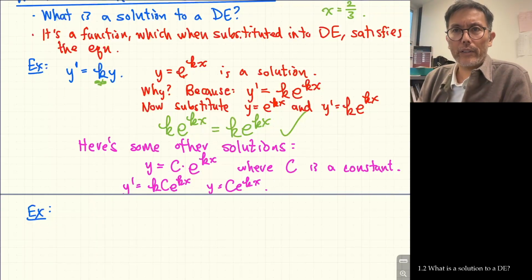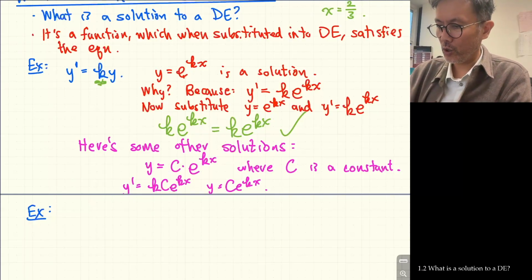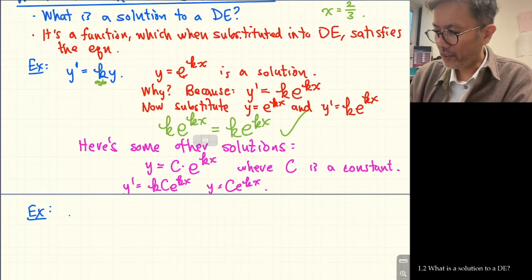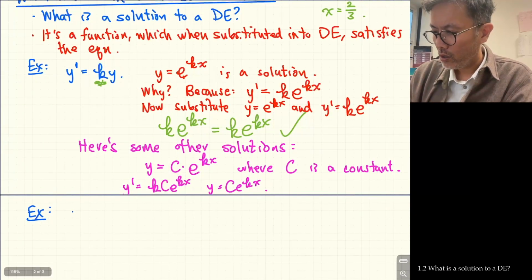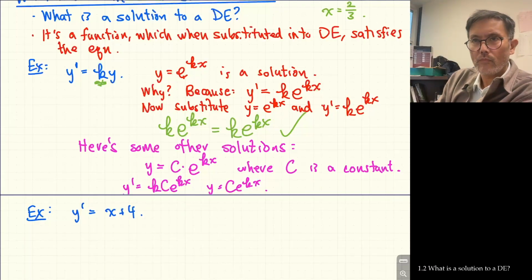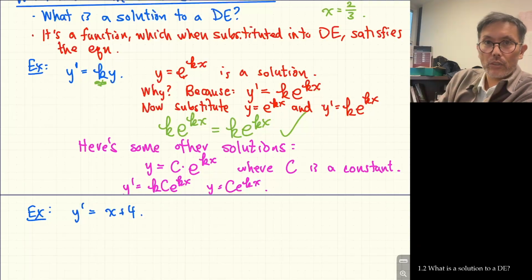We'll say more about it, but this is one very important example of a differential equation. Another example. Let's say that we have the differential equation y prime equals x plus 4. This is a differential equation because it involves a derivative. Let's solve it.